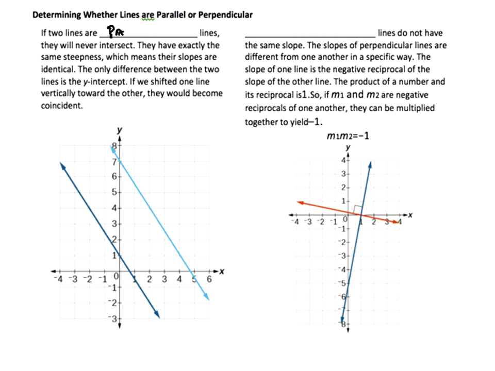If two lines are parallel, now we're moving into parallel and perpendicular, they will never intersect. They have exactly the same steepness or slope, which means their slopes are identical. And think about it.